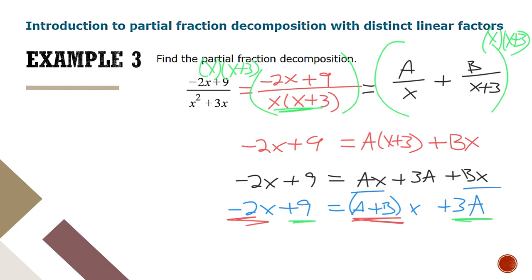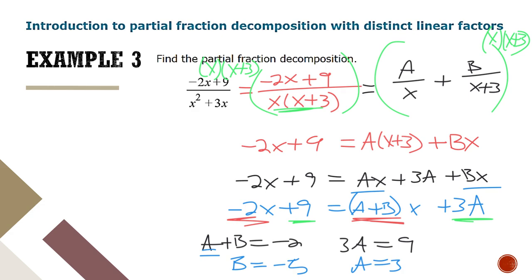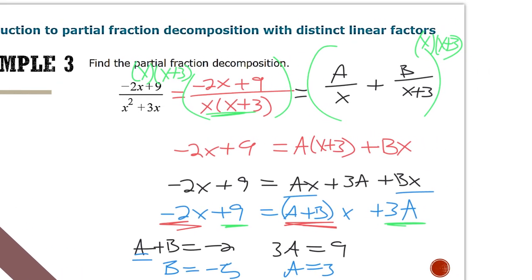So we have these two things. We have a plus b is in fact equal to negative 2, and we have 3 times a is in fact equal to 9, where we can simplify. A is just 3, and then if you plug it into this one and subtract, it gives me b is negative 5. Now all we have to do is plug it back in.